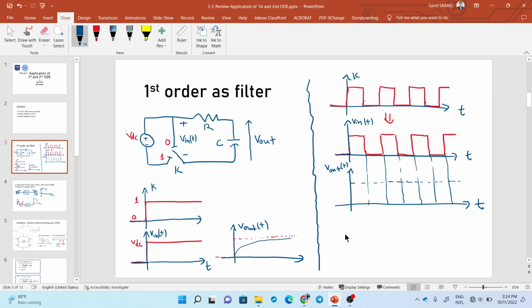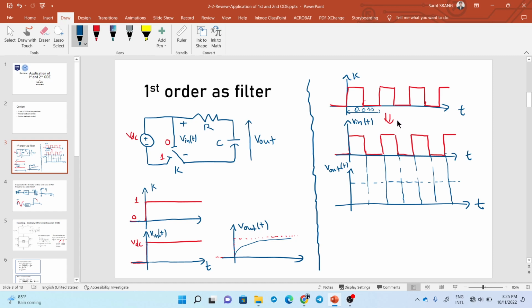Okay, it's first order. So what happens if you switch the K on and off very fast? For example, you do it at a frequency like 200, which means, okay, let's say 100, easy. 100 hertz, so it means the period would be 0.01 second. Just an example.